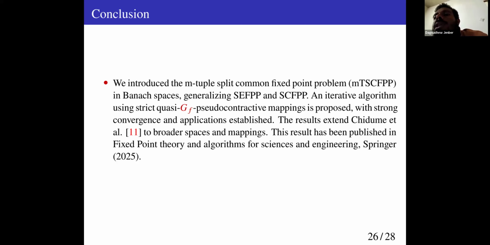The result extends to broader spaces and mappings. This result has been published in Fixed Point Theory and Algorithms for Sciences and Engineering.